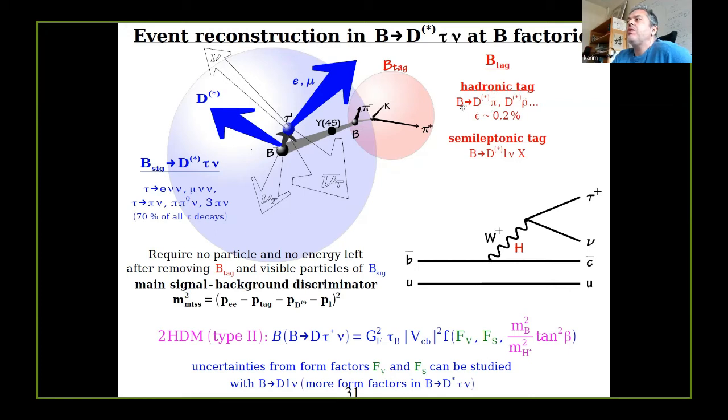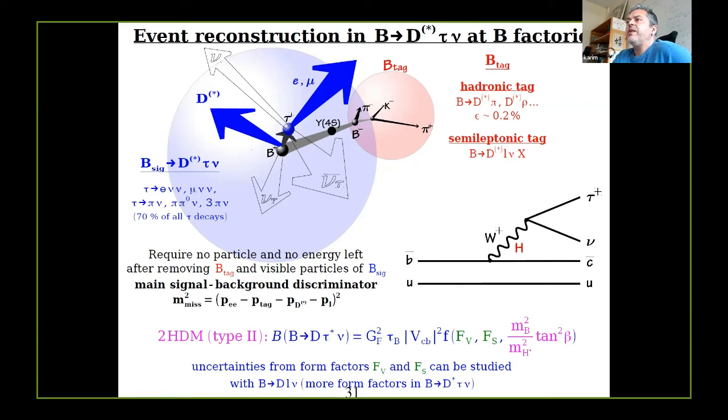So you use all the possible decays, B to D pi, D rho, and so on, of reasonably well measured decays to reconstruct the B tag. And as in the center of mass they are back to back, in fact, indirectly, you measure the direction of the B signal.